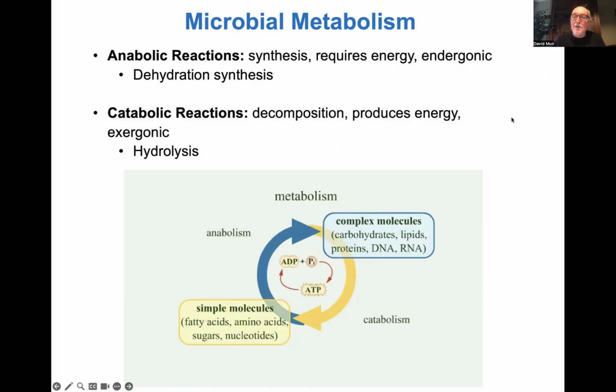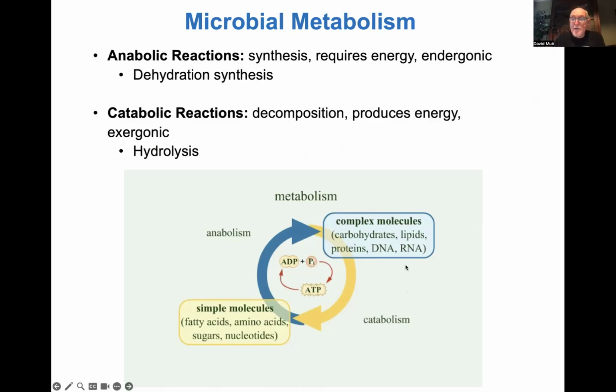We put back into molecules the water molecule that was taken out somewhere in a dehydration synthesis. We put back the water molecule. That is called hydrolysis, and that splits the molecule into smaller components with the release of energy. So those two sets of reactions, the anabolic and the catabolic reactions, fit in with one another to provide us with our entire metabolism.